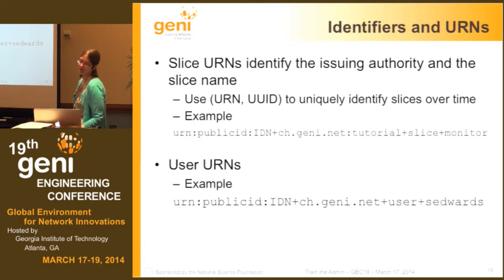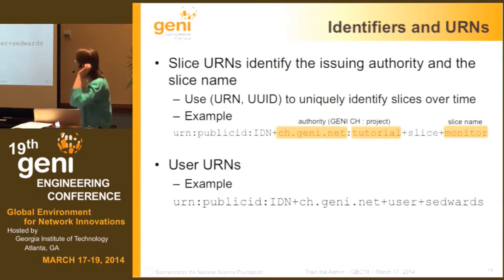And in particular, in the case of the portal and clearinghouse, this is actually pretty baked in. So slices are identified uniquely by a combination of a URN and a UUID. And the URN includes not just the slice name at the end, but the issuing authority.